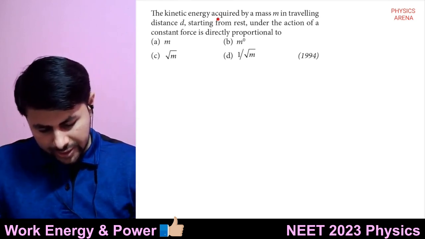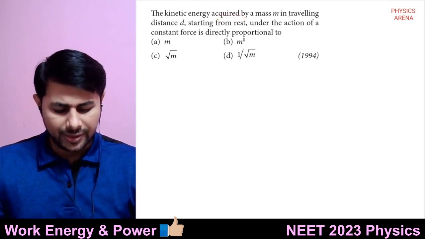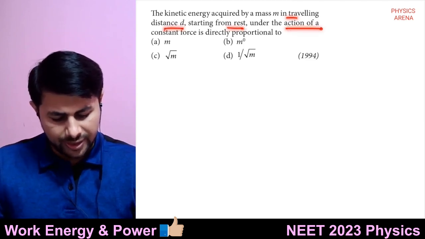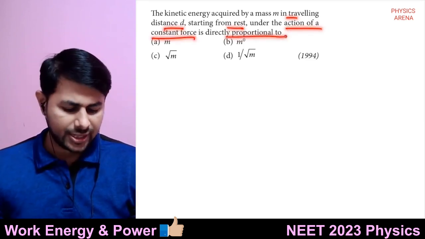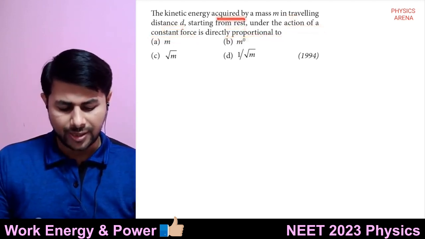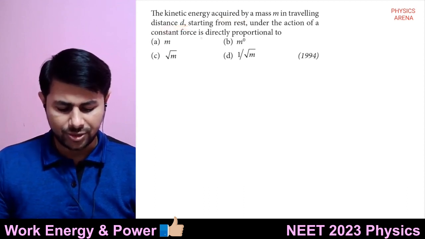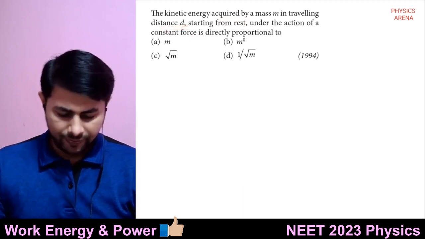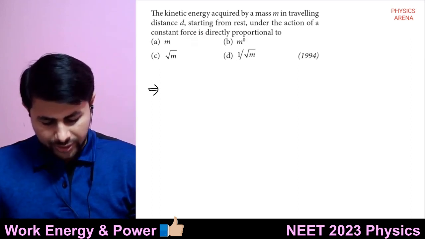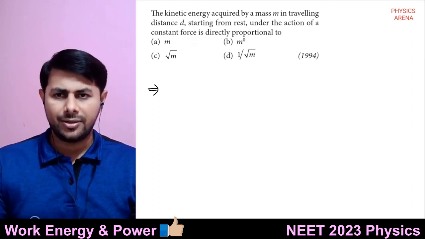The kinetic energy acquired by mass m in traveling distance d, starting from rest under the action of a constant force, is directly proportional to what? Okay, so force is constant. What is the kinetic energy acquired?